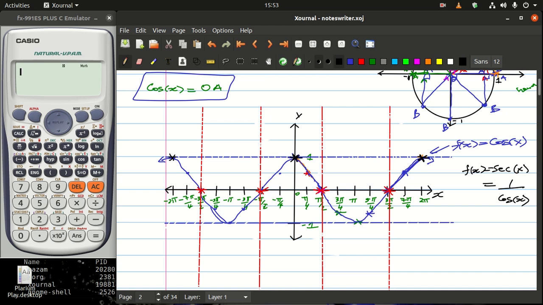When cosine of x is equal to minus 1, 1 divided by minus 1 is minus 1, which means sec of x is also minus 1. So at these points here, these functions are expected to intersect. Now, if I pick a point here, I know that at this point they are equal.